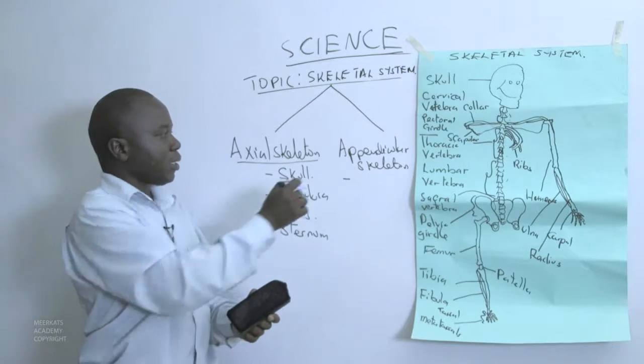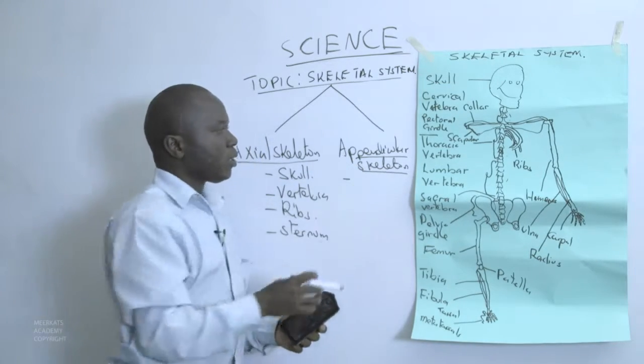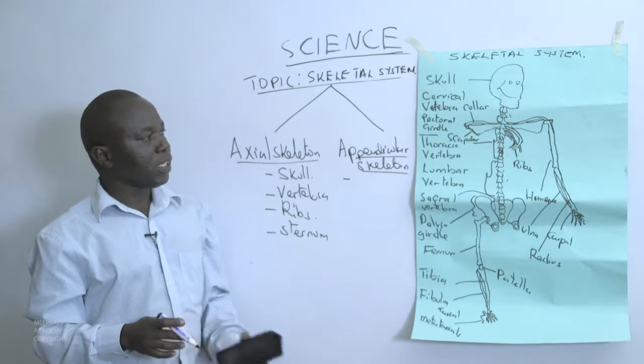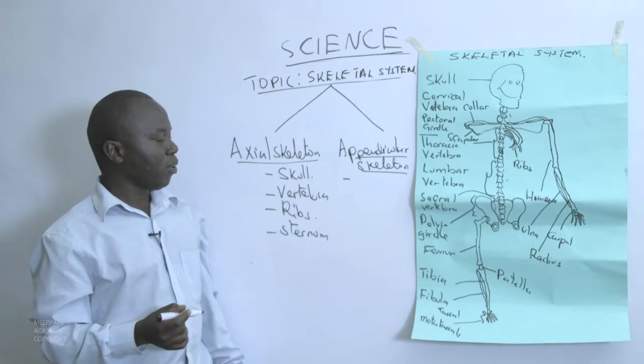But the remaining part, the appendicular skeleton, is what arises from the main skeleton, specifically from the vertebral column.